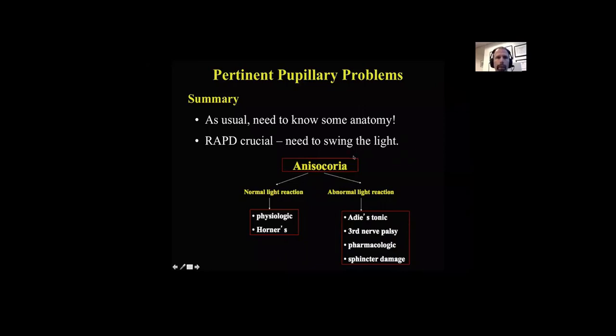Could a relative afferent pupillary defect even happen if both eyes are normal? The answer is it shouldn't happen if both eyes are normal. Now, as a fine point, the pupillomotor fibers branch off from the visual fibers in the brachium of the superior colliculus in the midbrain.